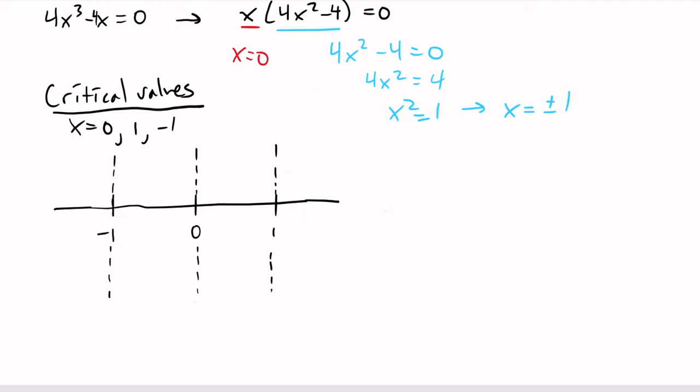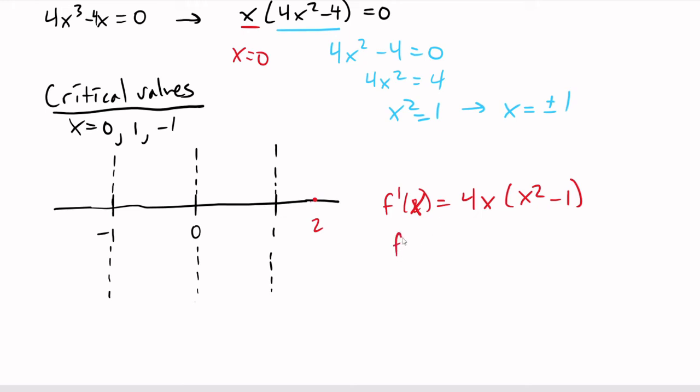Okay, so let's do test points. So what we can do is test some points here. Let's test a point 2. How do I test it? Take the derivative and plug in 2. So f prime of 2 is 4 times, and actually we can factor this. It might be a little bit easier to factor first and then use this. 4x, so I'm just continuing this factoring, x squared minus 1.